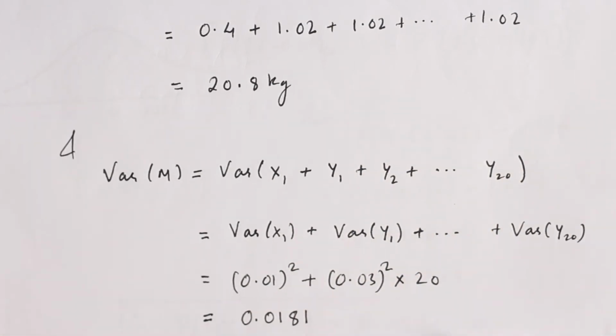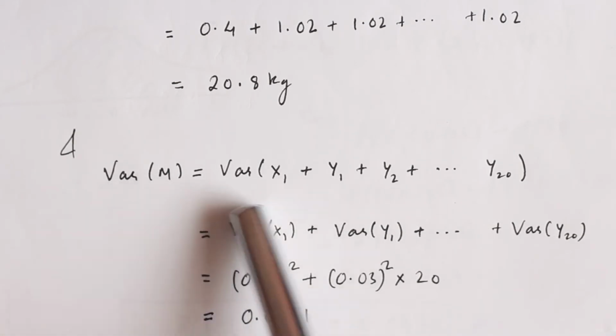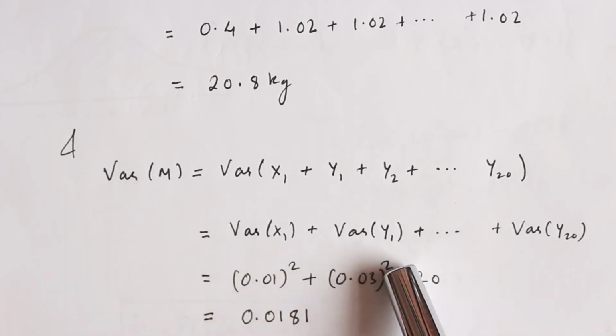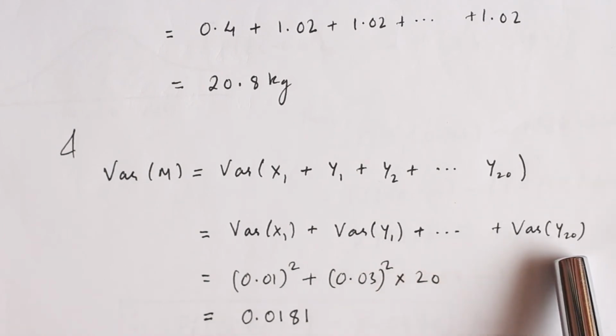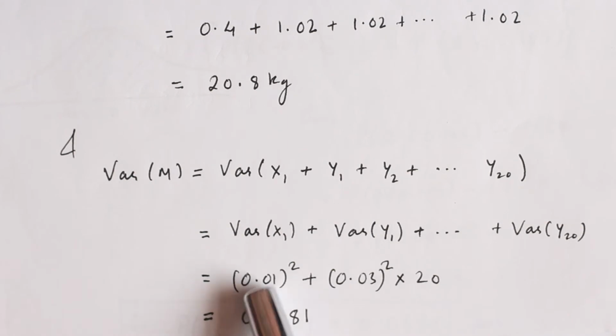So that's one thing you have to keep in your mind. So then the variance of M is just the variance of X1, variance of Y1, and so on up to the variance of Y20. By formula, the variance of X1 is already given in the distribution, so you just add up all of these, and then you get this one.